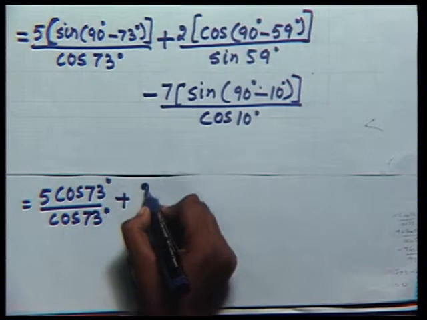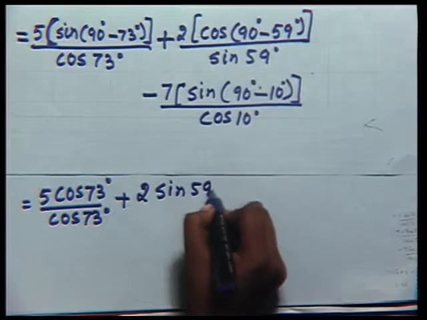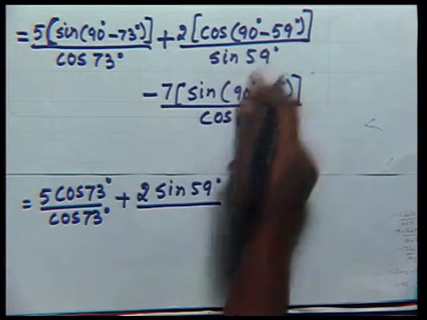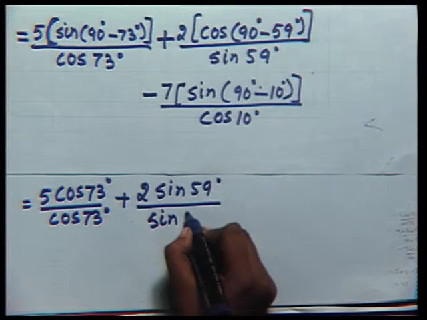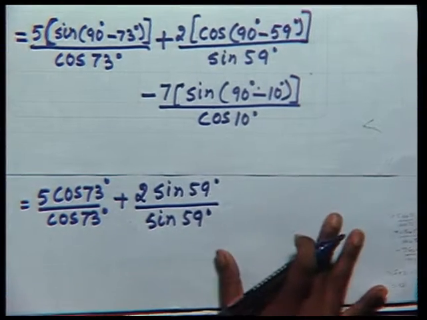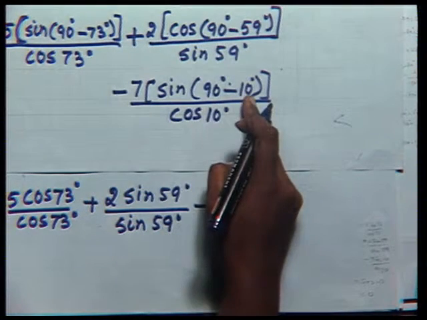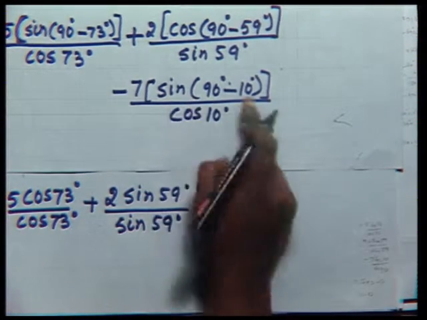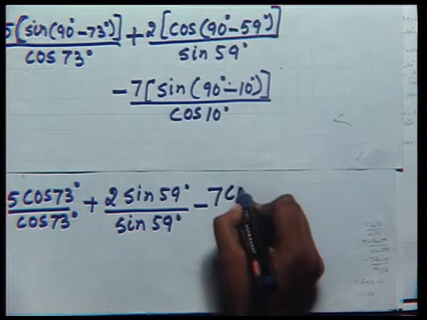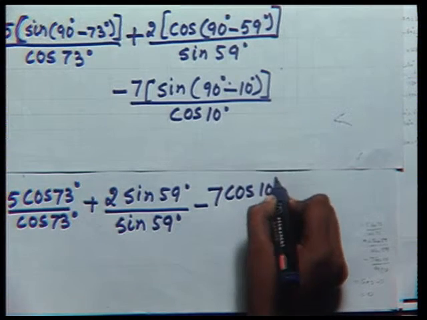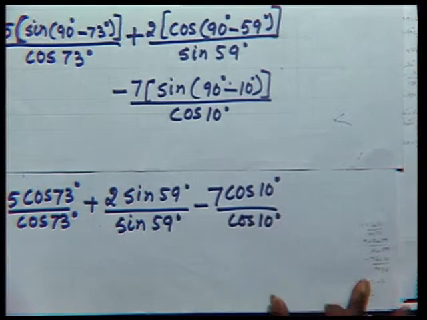So, we replace this as sin 59 degree upon sin 59 degree, denominator as it is, minus sin 90 degree minus 10 degree is nothing but cos 10 degree. So, 7 times cos 10 degree upon the denominator cos 10 degree.